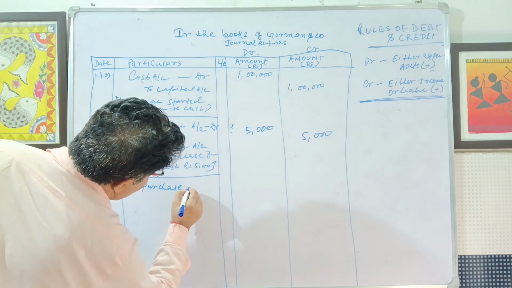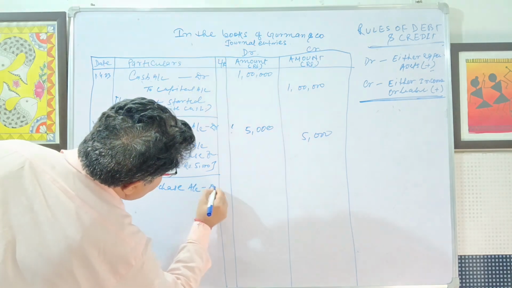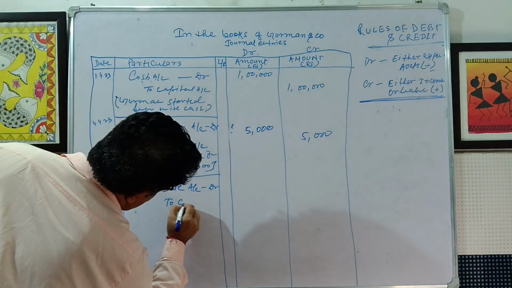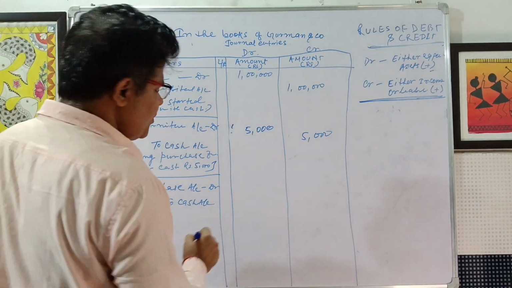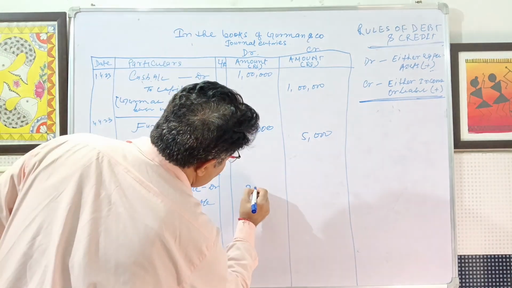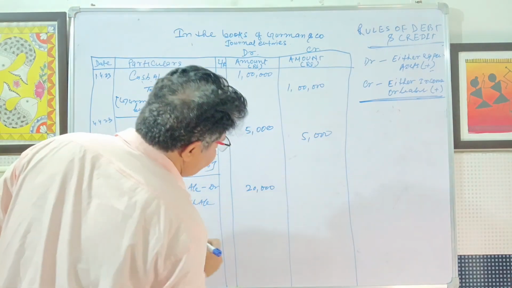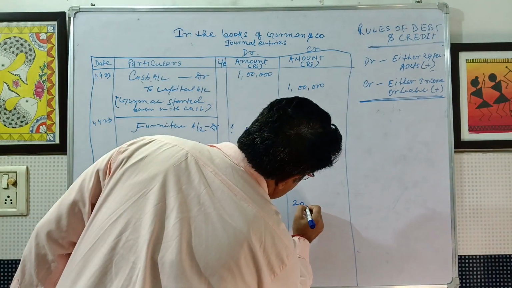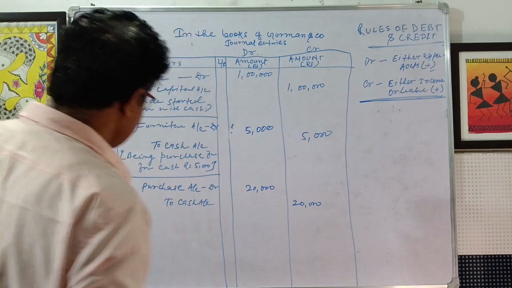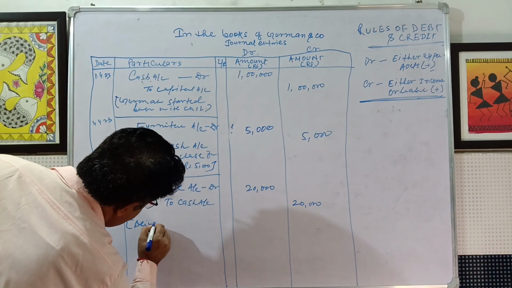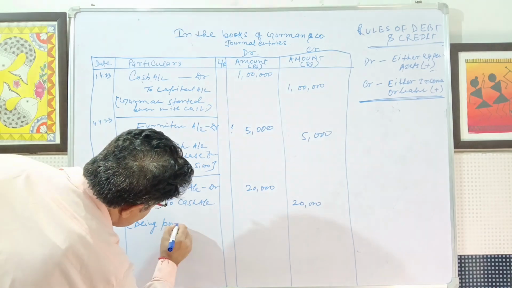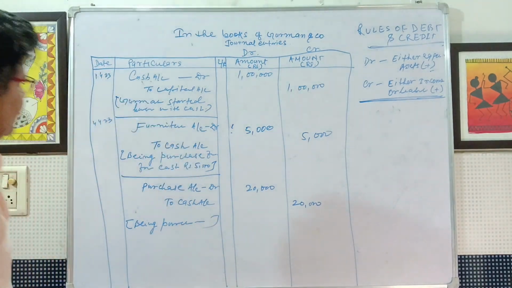Purchase account debit to cash. How much? 23. Being purchase goods for cash. This is the narration.